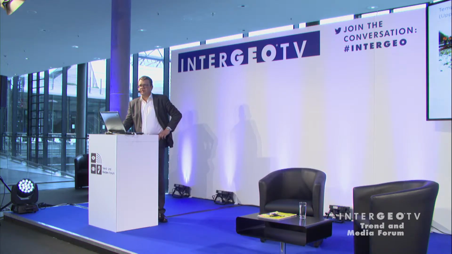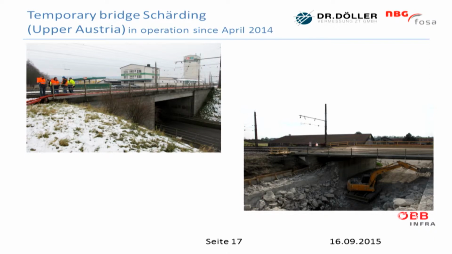Another huge project was a temporary bridge in Schärding. It's a main line between Wels and Passau. So you have four lines for the daily business, and you have dozens of trains an hour.